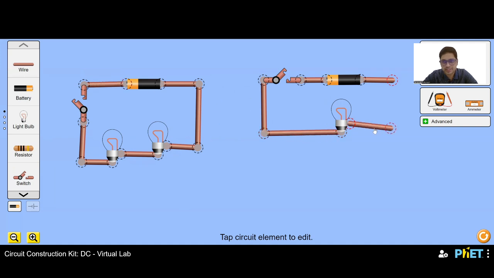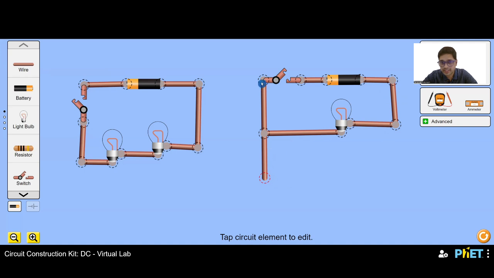The other terminal in this goes to the next bulb. The other terminal in this does not go to the next bulb. Rather, we try to connect it to the other end of the battery. So that. One more. Okay. Why am I doing this?